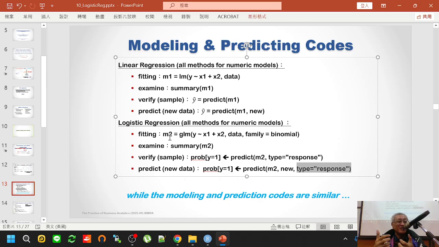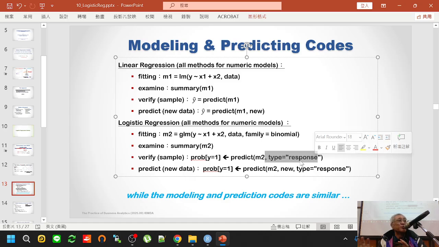If you just want to build a model and do prediction, you know how to use the GLM function and remember to specify family. You need to know how to use the predict function and remember to specify the type. That's all, right?